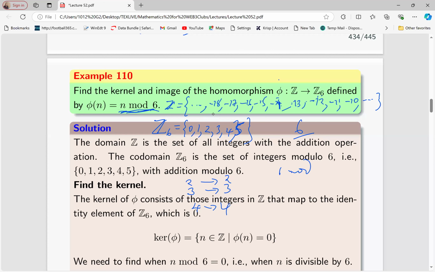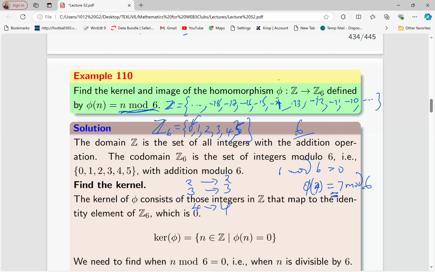What about 7? 7 will map to 7 mod 6. What is that? If 6 were to go into 7, the remainder is 1. So 7 will map to 1.